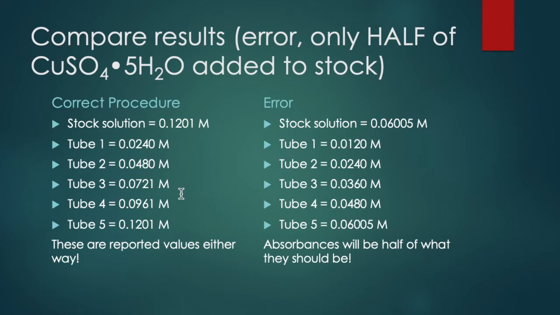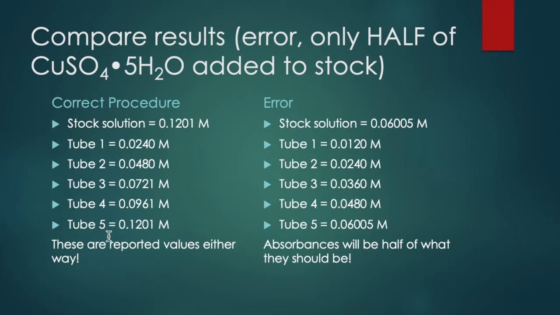All right, so let's compare the results of a fairly extreme error where you only added half of the copper 2-sulfate pentahydrate to your volumetric flask. And then for whatever reason, you got tired of pouring or rinsing the beaker, and so only half of it made it in there. The students who did the correct procedure have calculated 0.1201 moles per liter as their stock solution concentration.